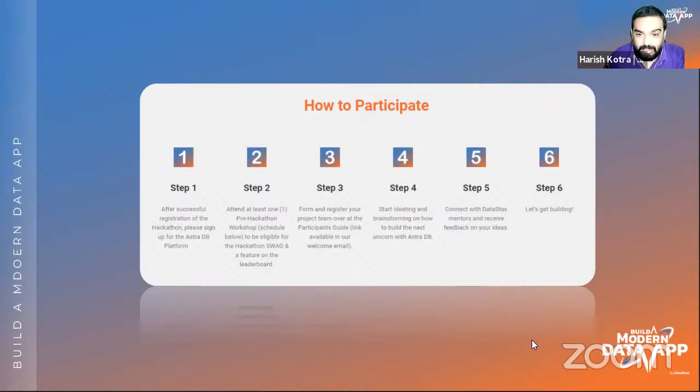Like, why not, right? So just make sure you sign up on Astra DB once you register. That's the only condition we have. And we have mentors from DataStax on the Slack channel and through all these workshops as well. So if you have any questions throughout the workshop or during any time from today to September 3rd or through September 5th, make sure you drop them in the Slack channel.